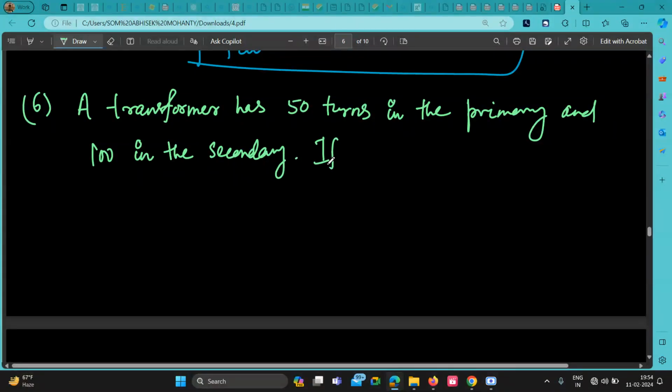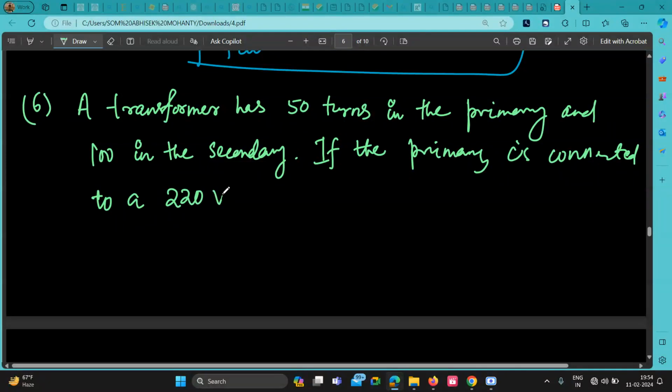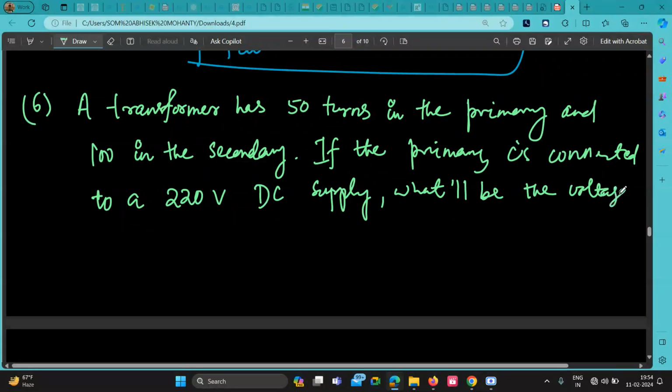If the primary is connected to a 220 volt DC supply, what will be the voltage across the secondary?